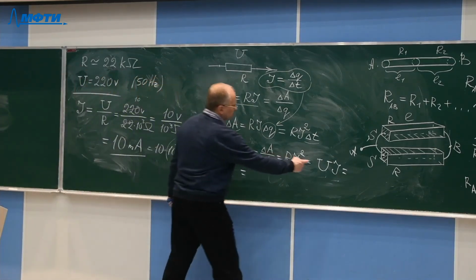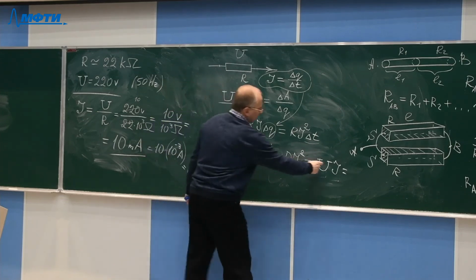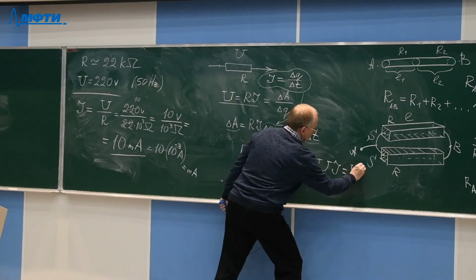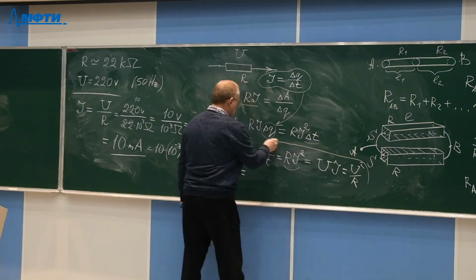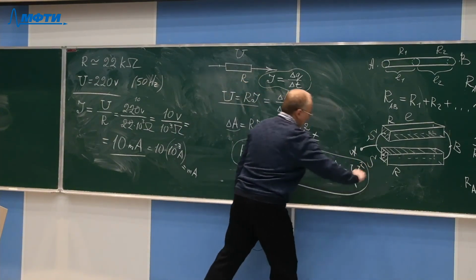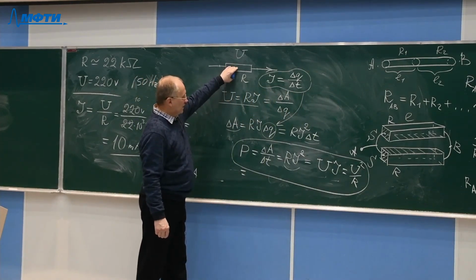Or substituting electric current as U divided by R, we will obtain U squared divided by R.